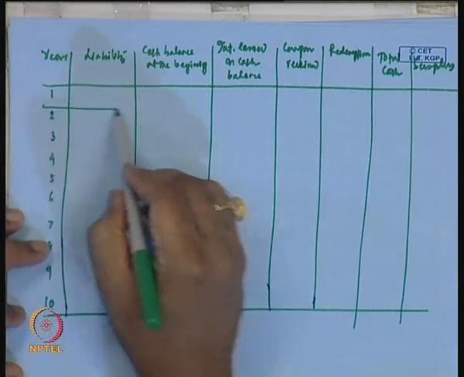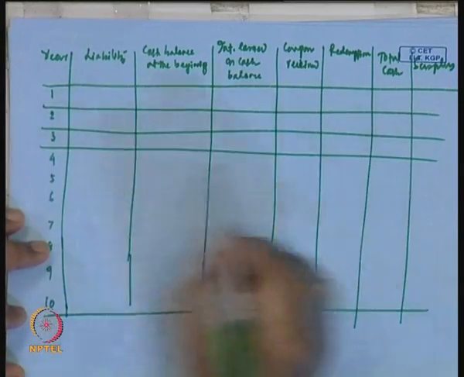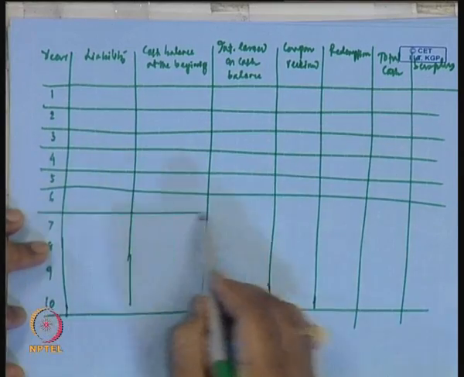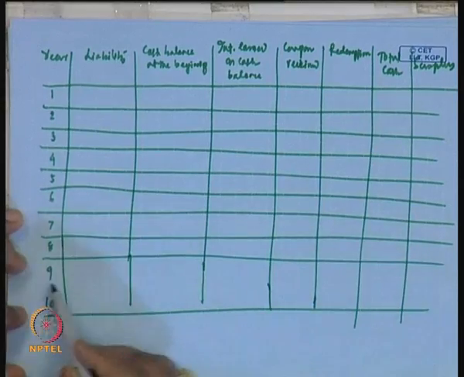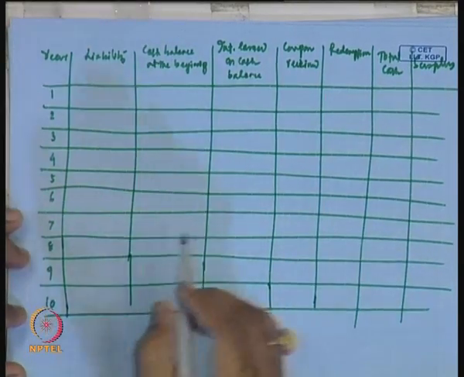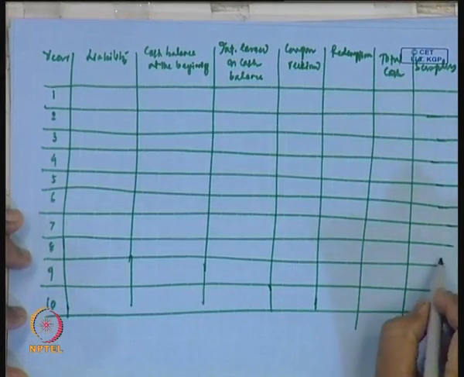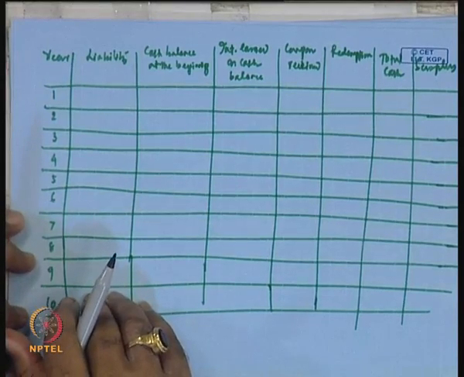Already you know what liability we will have for the different years on the basis of the term to maturity. So if this is already given to us, then we have to measure how this works.